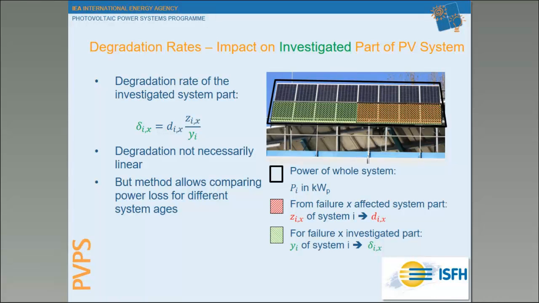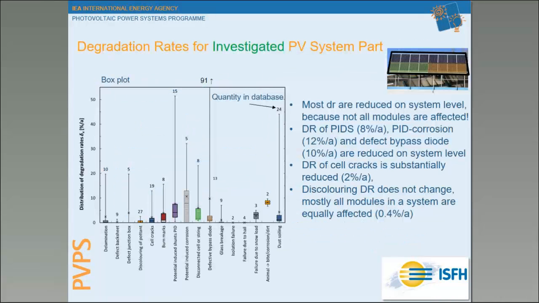With this method, having the data collected, we cannot say whether the degradation rate is a constant value, because we just have 2 points to calculate it. But if we have the mean values and do a weighting of the mean values, this method allows us to compare the different power losses for different system ages as well.